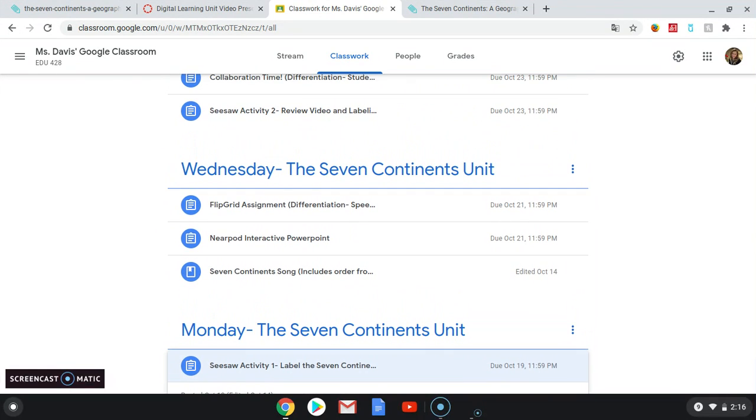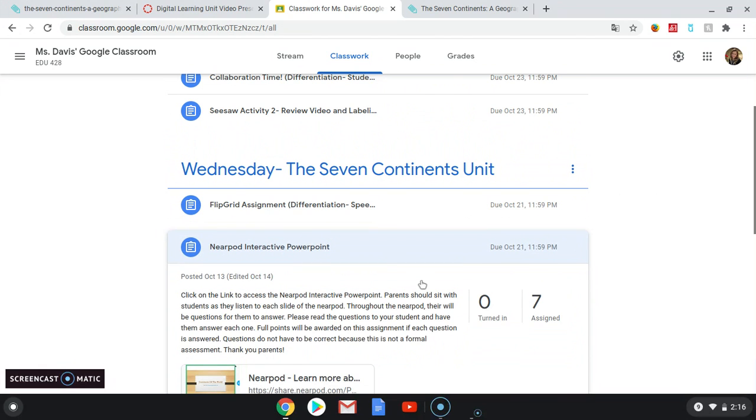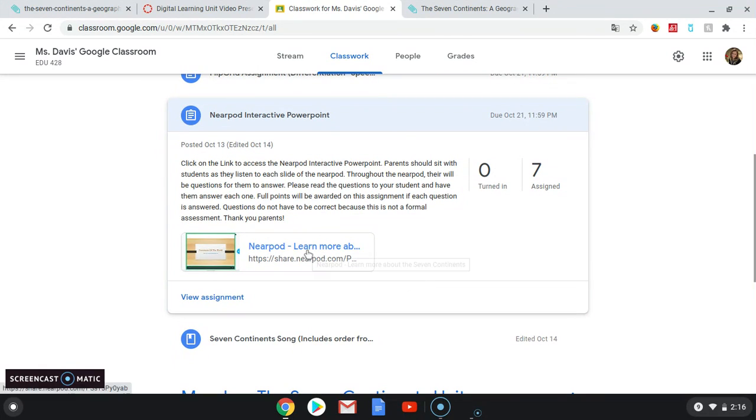So this first day was very basic, just labeling and identifying the continent. On the second day, I went into a progression to deepen understanding of students' knowledge and more details about each continent. So I did a Nearpod interactive PowerPoint where I was talking on each slide so they could read the PowerPoint and hear me talking, where we went over some animals and countries and places to live on each continent.